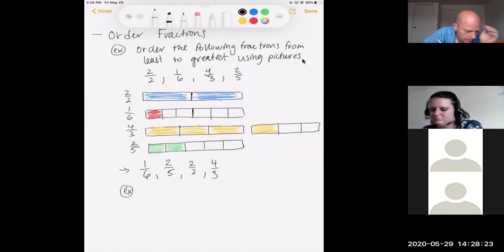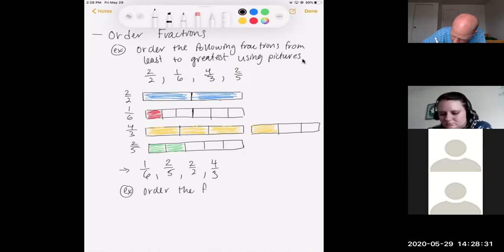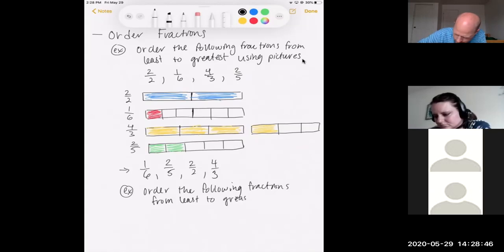Here's another example. We want to order the following fractions from least to greatest, using reasoning with numbers.